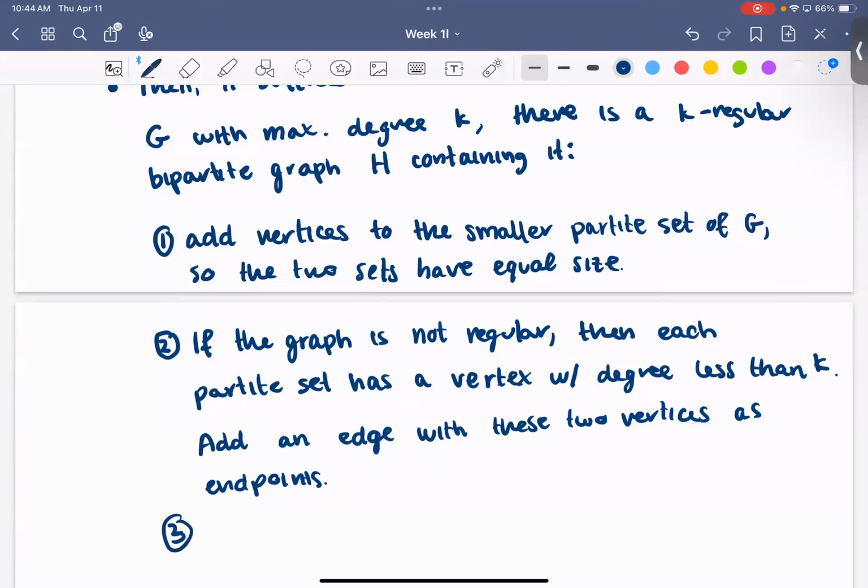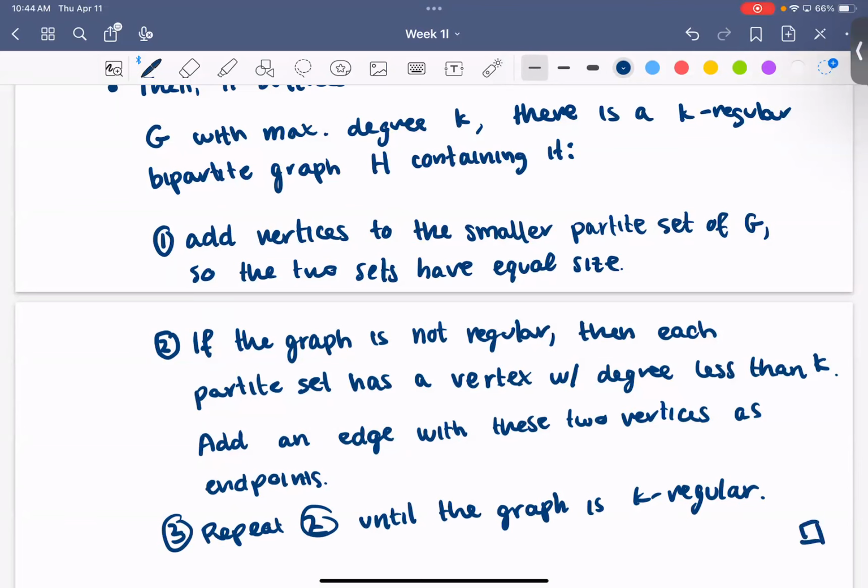So part 3, repeat 2 until the graph is K regular. And that finishes the proof.